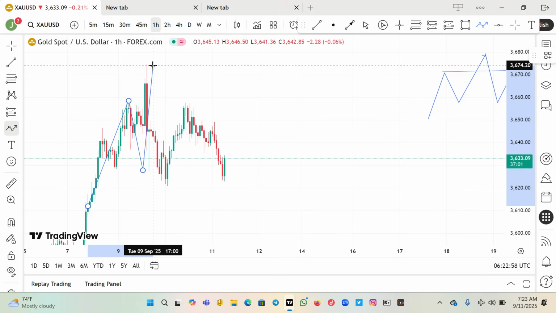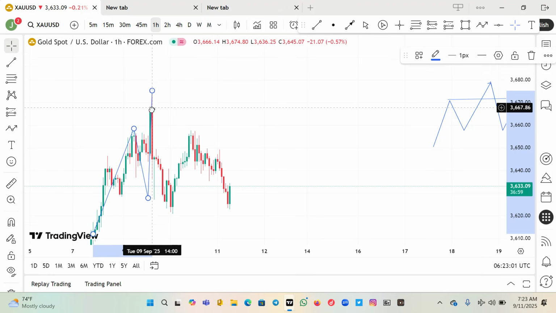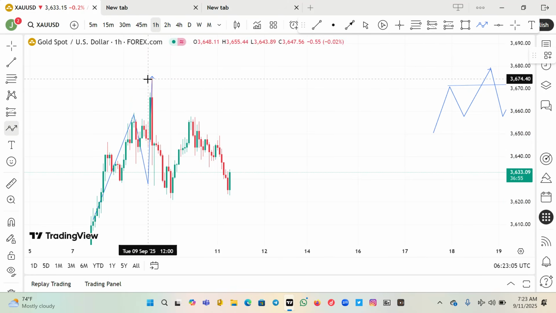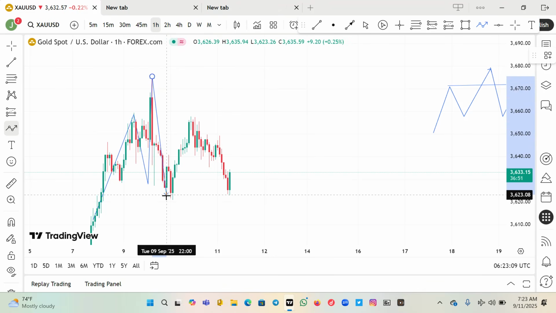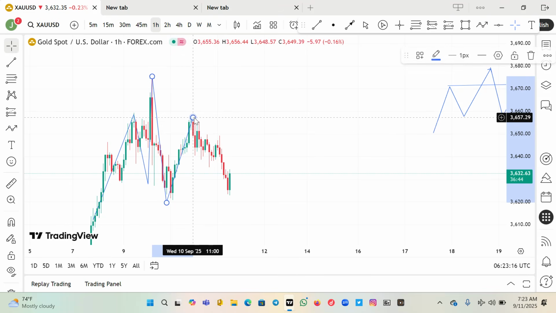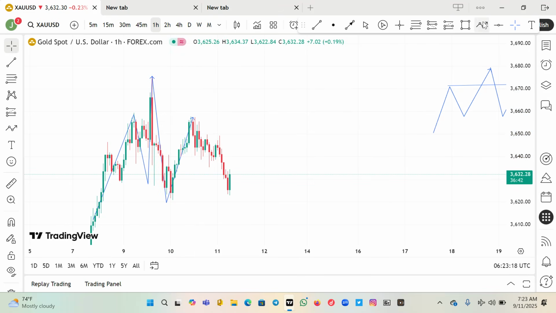Look, it has formed the head. That's the head above. Then look at the next one here. It did this again. Look, it has formed another shoulder here. Then look at now. It's come down.